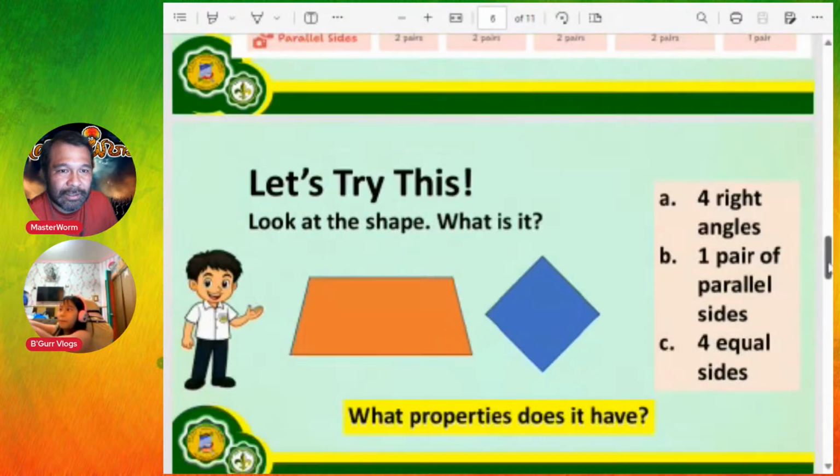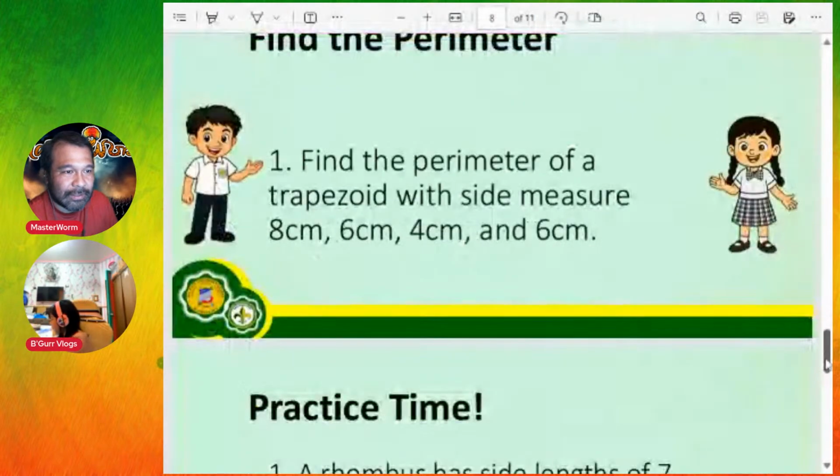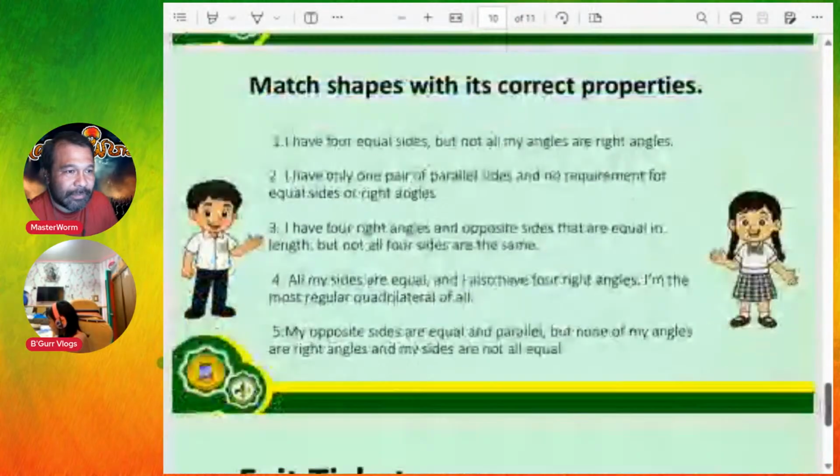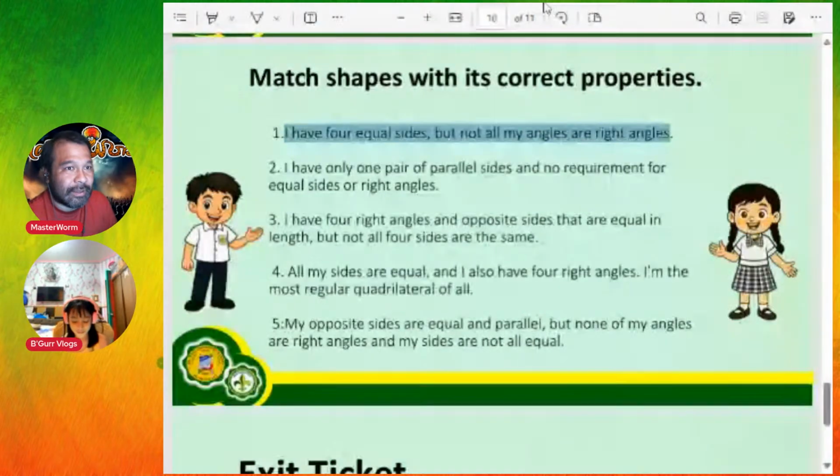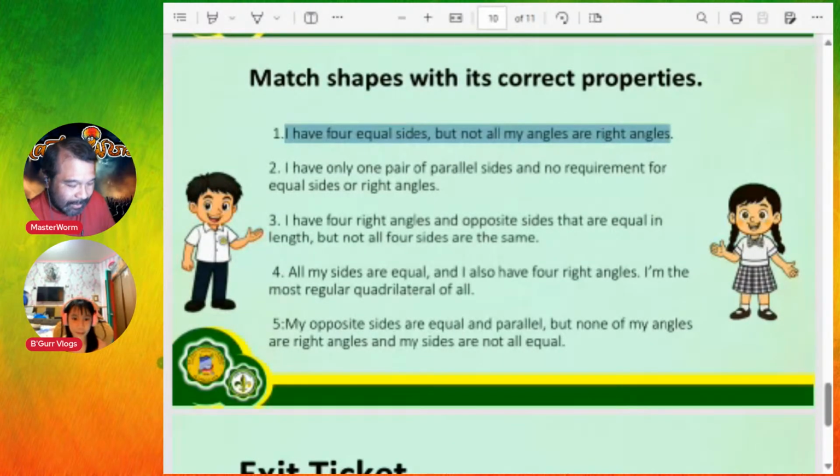Here it says I have four equal sides. Oh, I can copy this. Good job. Let me just ask Gemini. All right, the answer is, Daddy, rhombus.